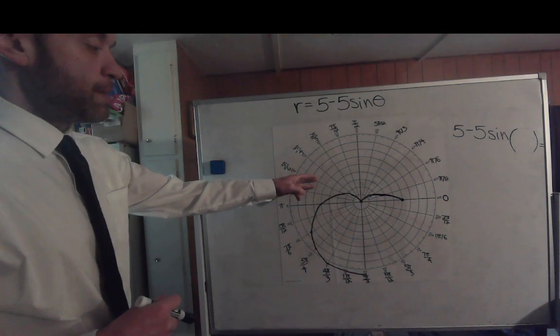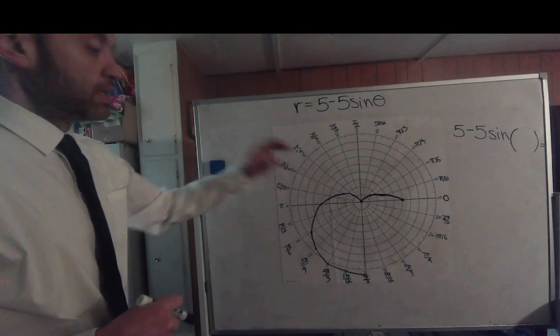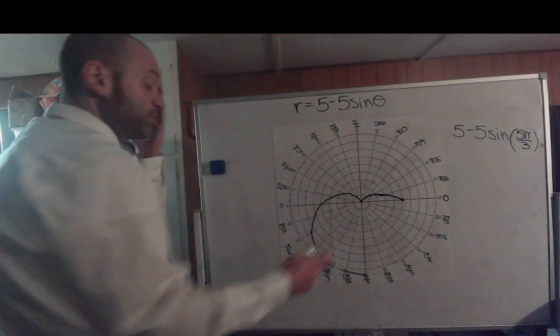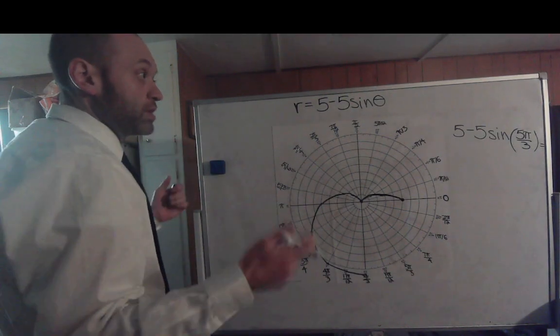Okay, so let's do 5 pi over 3. 5 minus 5 times the sine of 5 pi over 3. It's going to be negative because we're in the fourth quadrant.